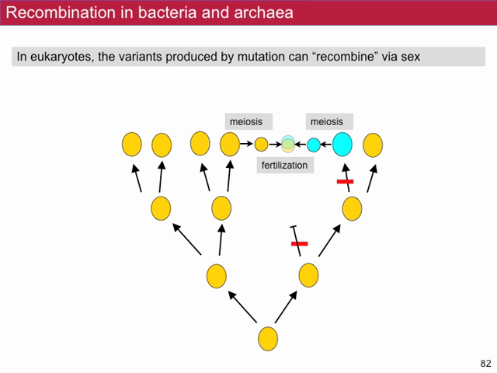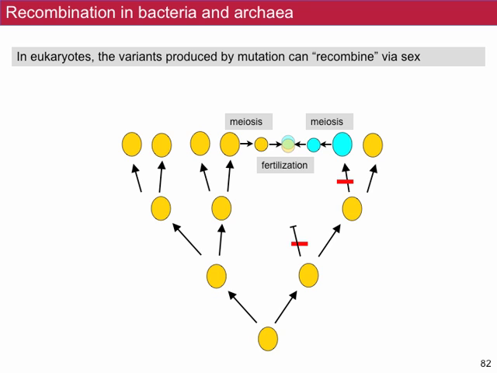This is now mixing DNA from different lineages. So both lateral gene transfer and sexual reproduction can be considered forms of recombination. Recombination is mixing, in essence, DNA from different lineages. You have mutation generating variation, and then this recombination creating an enormous amount of diversity from all of those different possible combinations.